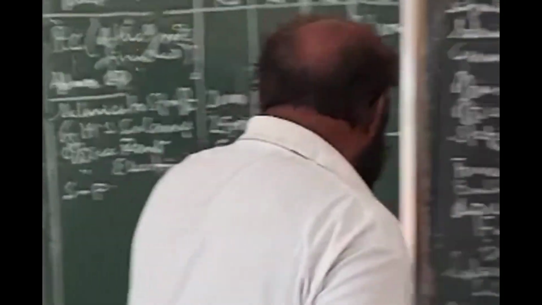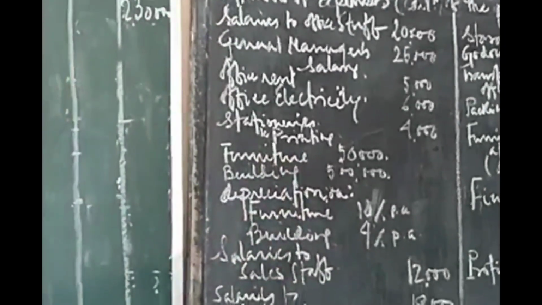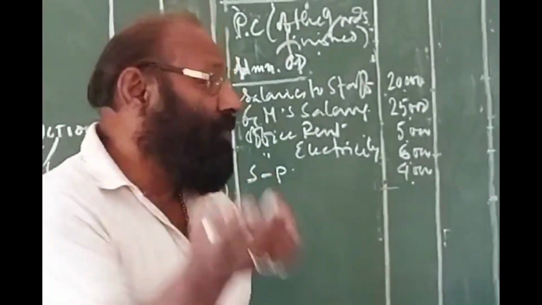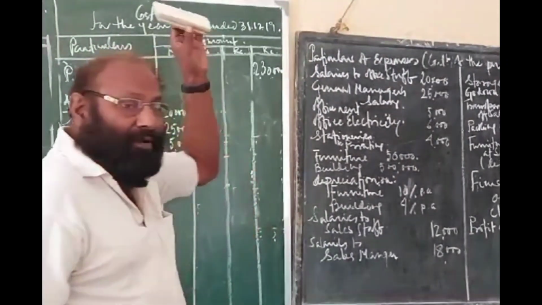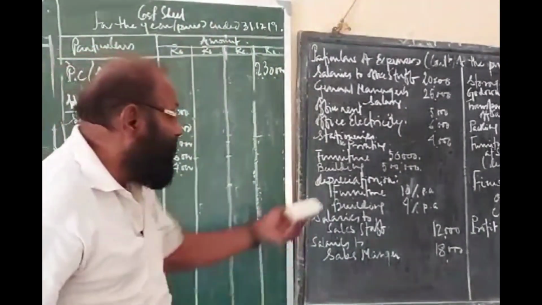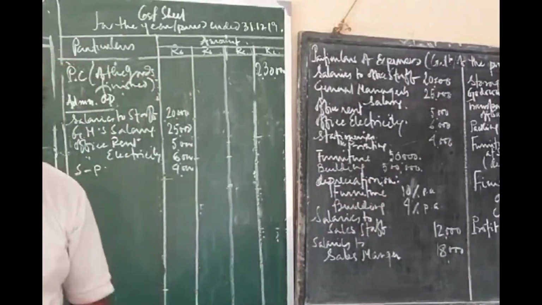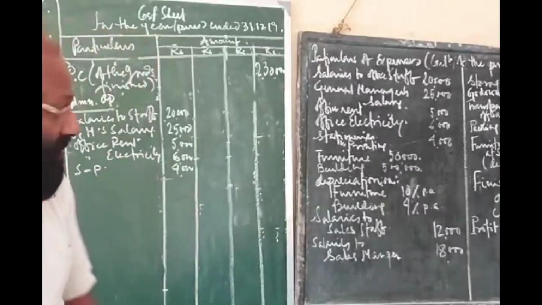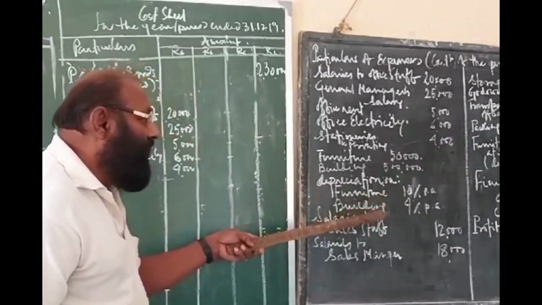Now see what is the other information. Furniture is 50,000. Furniture is your asset, so it should not come over here. It is a statement of cost, not the statement of an asset. The building, how much? 5 lakhs. So that should not be taken into consideration. But now see one thing, depreciation on furniture and building.